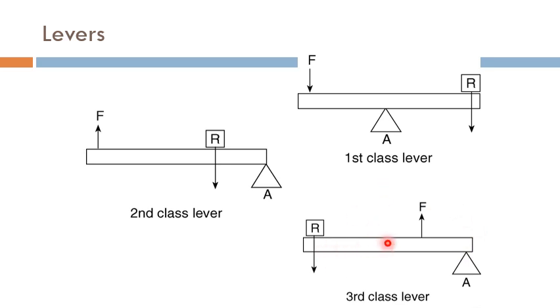So if you produce enough force to move this, say you have your resistance here, and you're strong enough, that resistance is going to move a lot more, okay? Because it has a longer arm, so it's going to move a much greater distance. But you lose the mechanical advantage of force because now the force arm is much shorter.